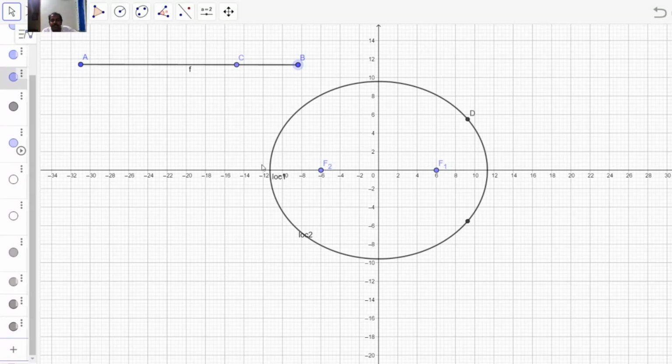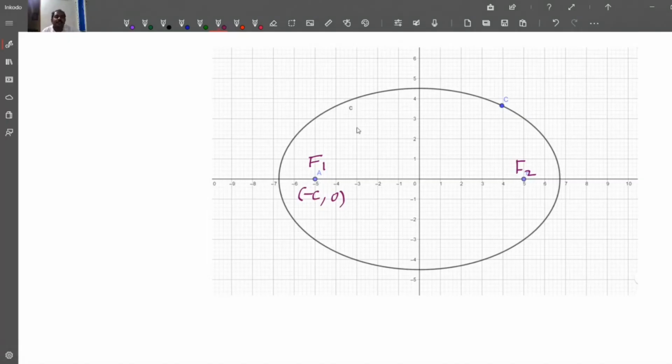So consider this ellipse, and in this case the focus F1 is (-c, 0) and F2 is (c, 0). You can observe that c is 5 here, minus c is minus 5 here, and you consider this point to be the point P. So it is a point on the ellipse (x, y).